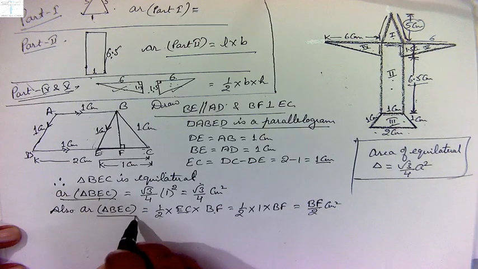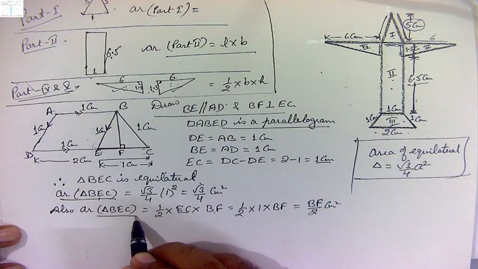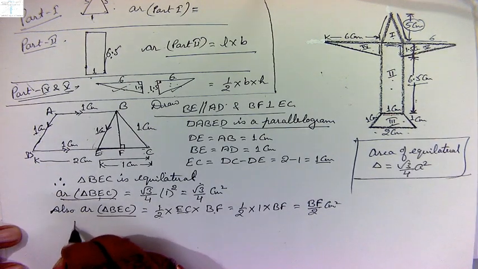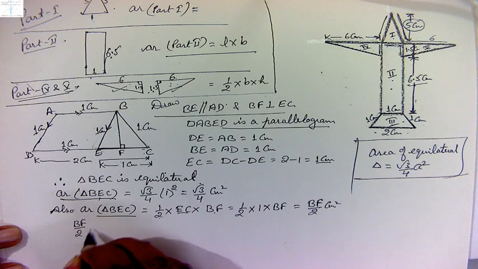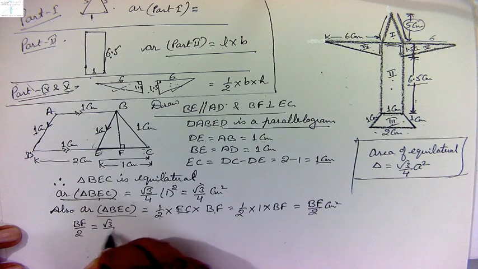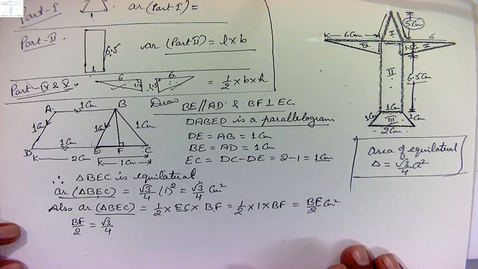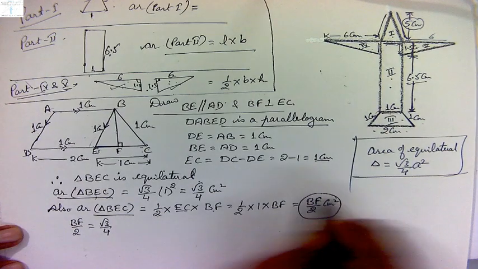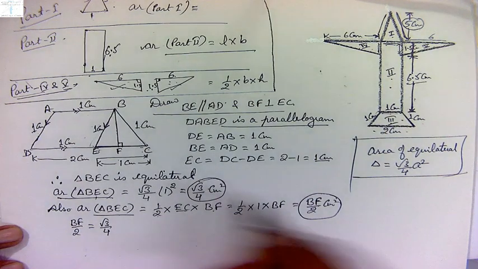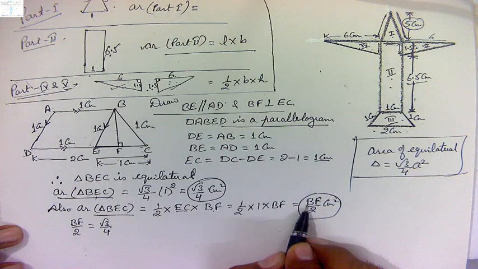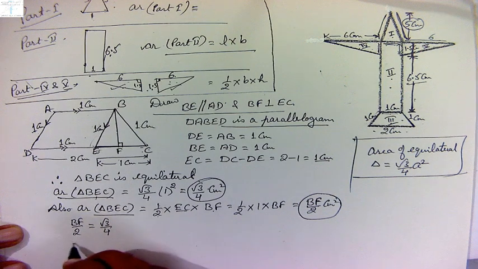Now if you see here, both are the area of the same triangle. So BF upon 2 equals under root 3 upon 4. This area and this area, both the areas, they will be equal. So what do you get here for BF now?